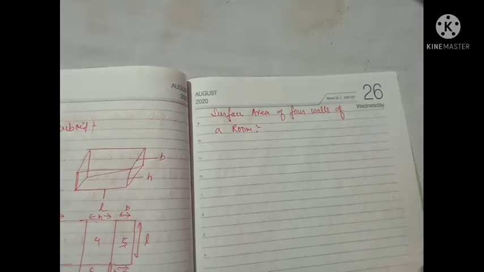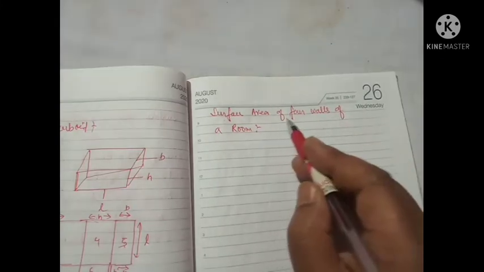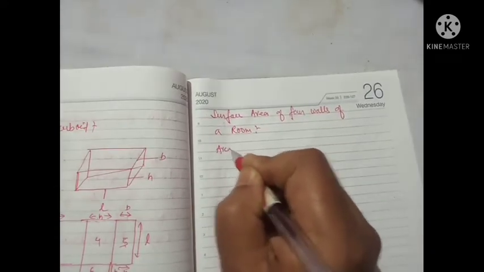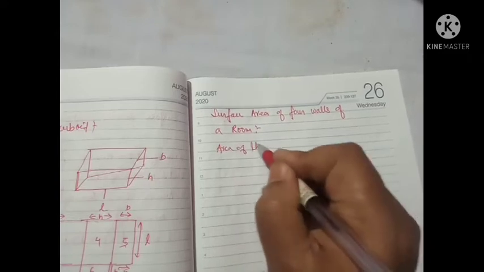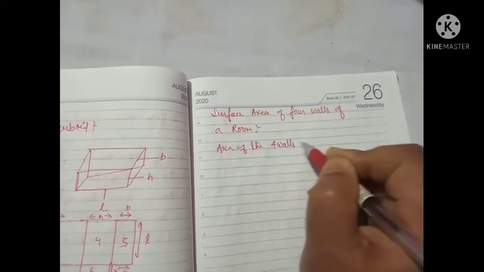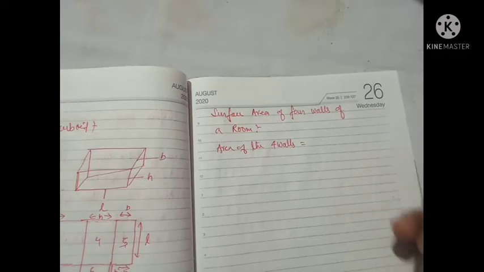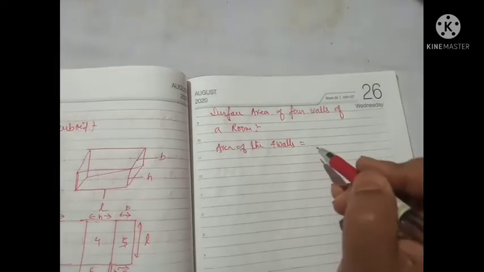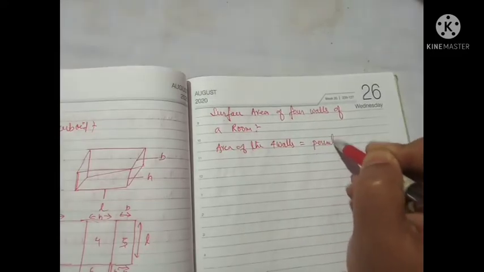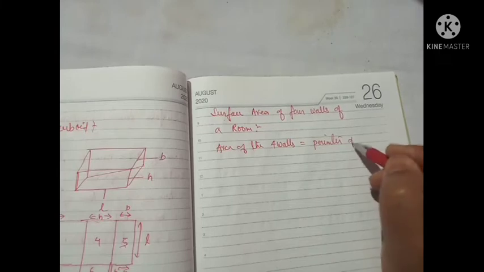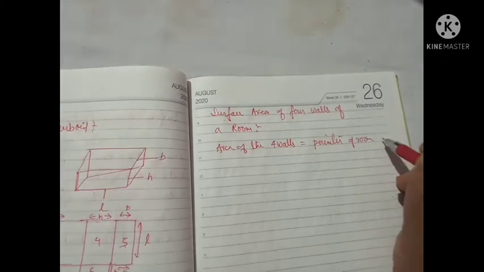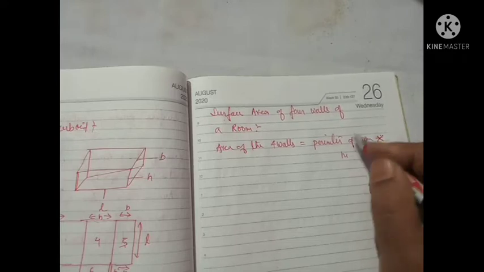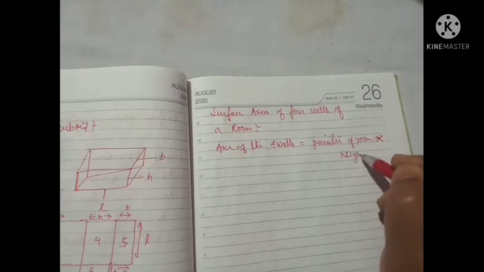If you want to find the area of the 4 walls, the area of the 4 walls is the perimeter of the room multiplied by the height of the room.